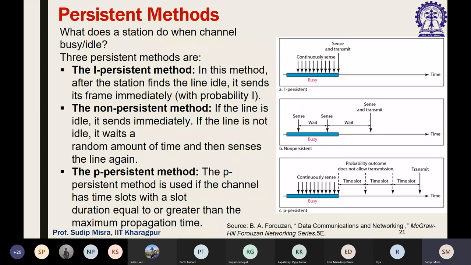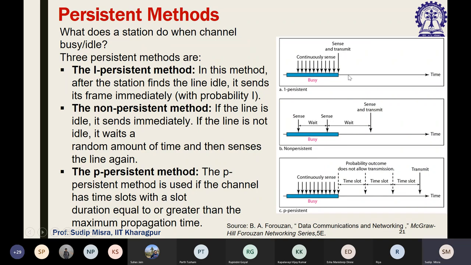So the first one is called the one persistent method. In this method, after the station finds the line to be idle, look at this particular figure over here. This is the busy period, and this is the point where the idle period is going to start.